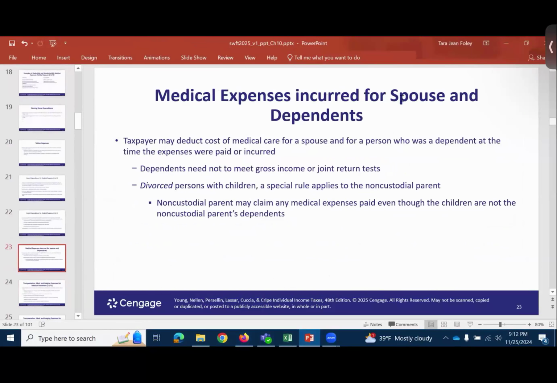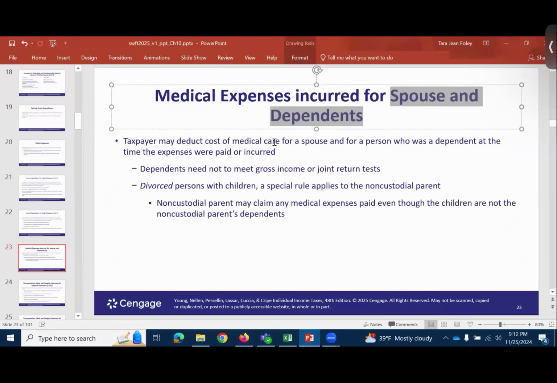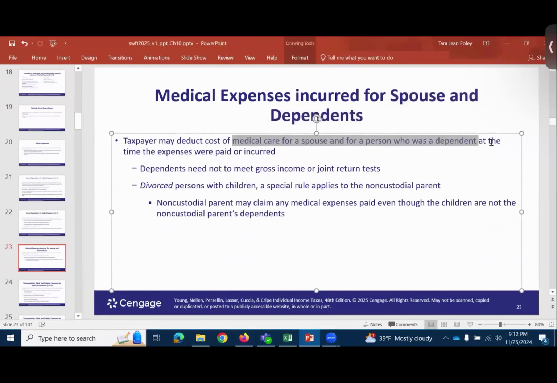Medical expenses incurred for a spouse and dependent. Your taxpayer may cover costs for medical care for a spouse and a person who was a dependent at the time the expenses were paid and incurred. For paying for medical expenses, the dependent does not need to meet a gross income test. Divorced persons with children, special rules apply to the non-custodial parent.